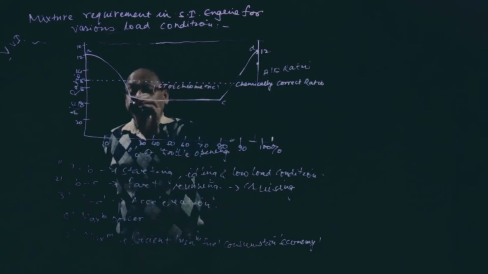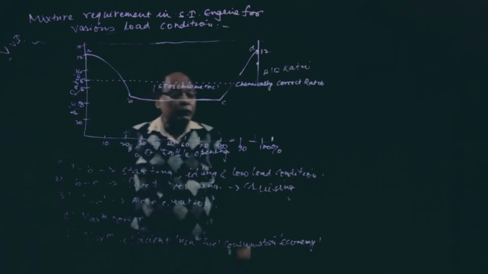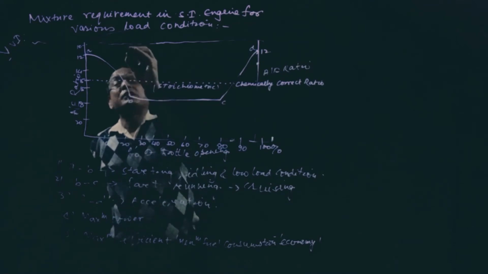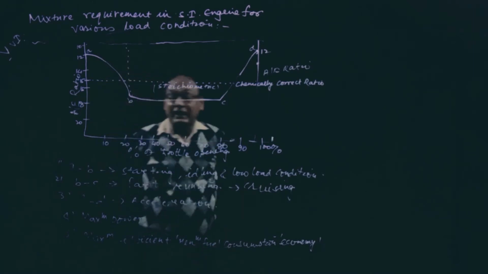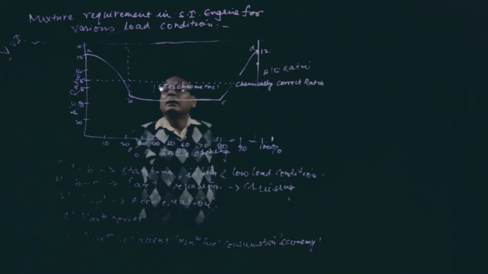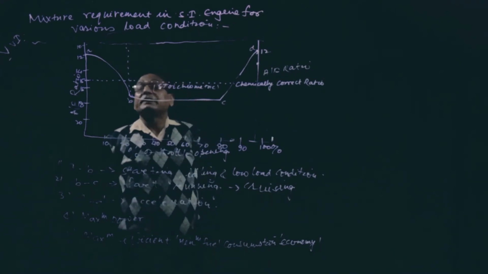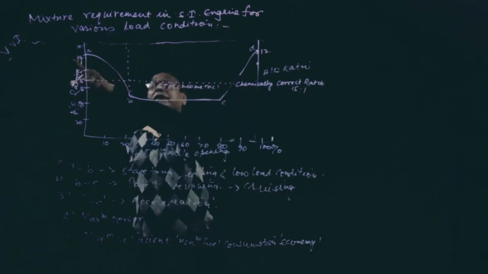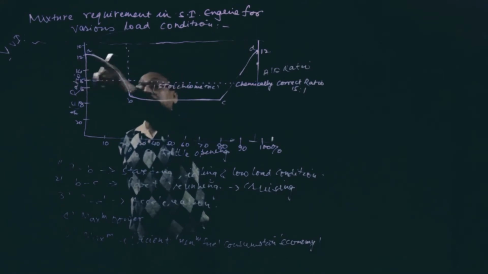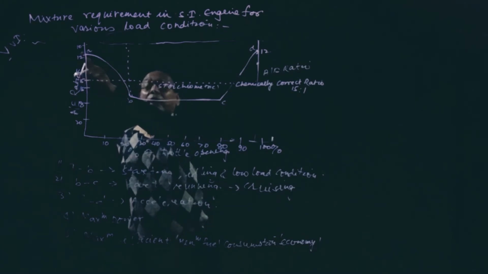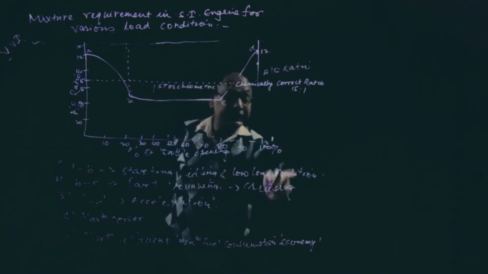Up to point B, that is starting, idling, that means no load or low load condition, we need rich fuel. To start the engine, we need rich fuel. Rich fuel is less than the stoichiometric ratio, that is 15:1. Less than that, that means air ratio is 12, suppose, so we can call it rich fuel. So rich fuel will be from point A to B for starting, idling and low load condition.